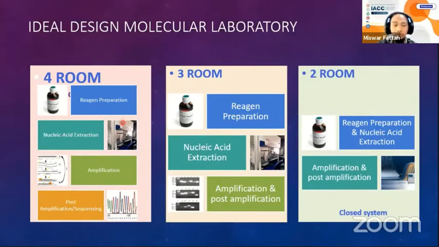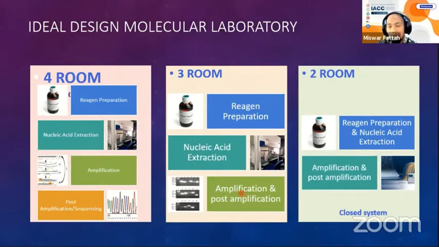So we need a very clear separation to avoid contamination, especially if we have post-PCR. But for real-time PCR, which does not need to continue with other tests, we can separate into 3 rooms: reagent preparation, nucleic acid extraction, and amplification, and post-amplification can be combined.